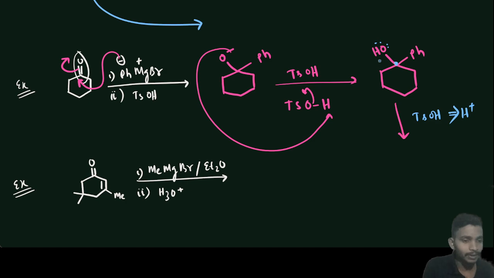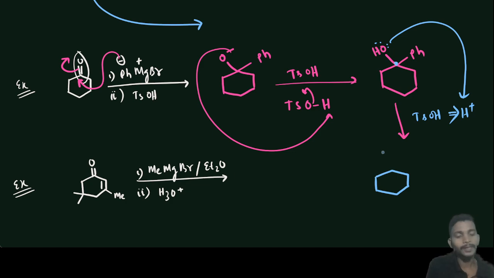Because if this OH accepts one H and is removed, then here a 3-degree carbocation is forming, and we know that a 3-degree carbocation is very stable. One thing, this is 3-degree with a phenyl, where conjugation also happens. It means that this carbocation is highly stable. So what it will do is that it will attack this H plus, and what we will get here.